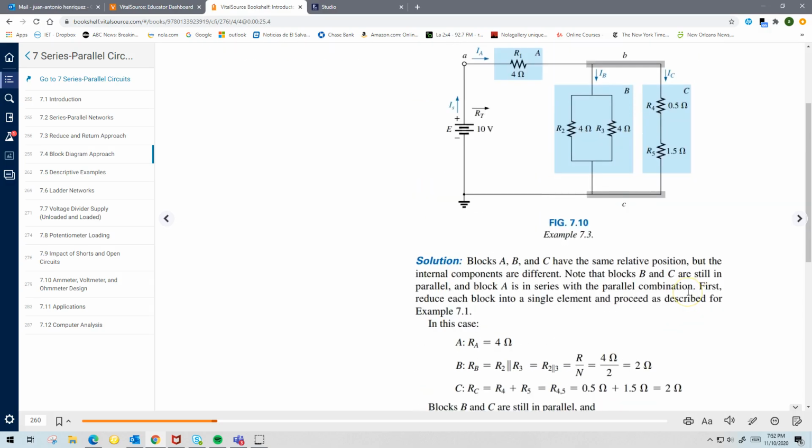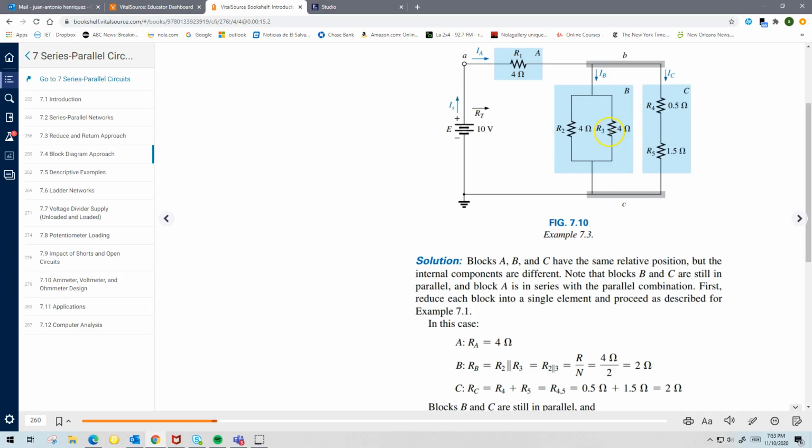So if you do that, obviously with block B, which is this one, you have these two resistors in parallel. So the equivalent resistance for that block will be 2, right? Again, if you remember those nice, useful rules that you should by now, if you have two resistors in parallel of the same value, the equivalent resistance is half of one of the resistors.